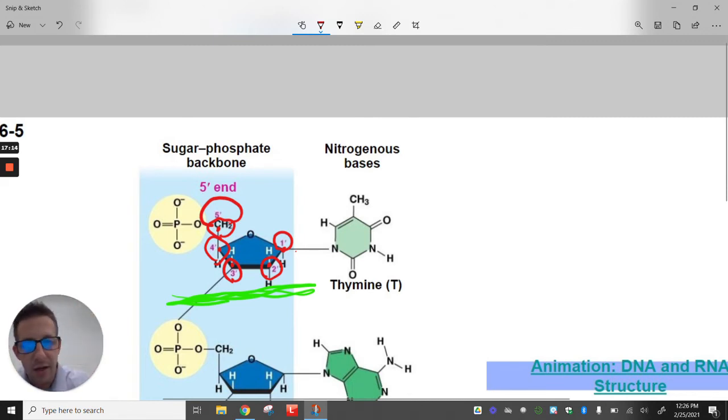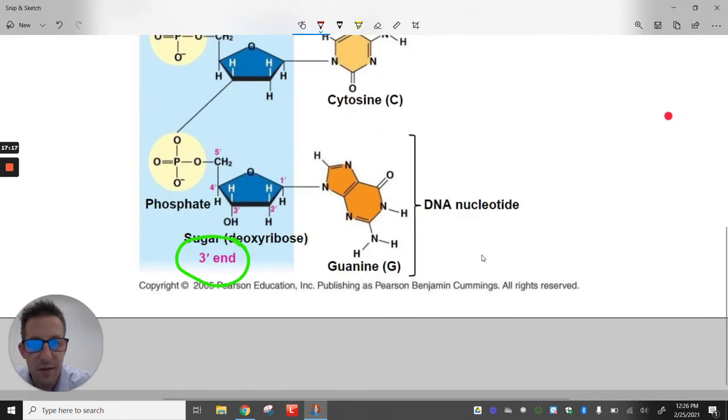Now if we go down to the other side, the 3' end, again we can see that the corners are numbered, and they start with the rightmost one, and they label it 1', 2', 3', 4', and then the 5'. What we'll notice is that it is the 3' carbon that is out here all by itself, uncovered, unattached to anything other than this hydroxide group.